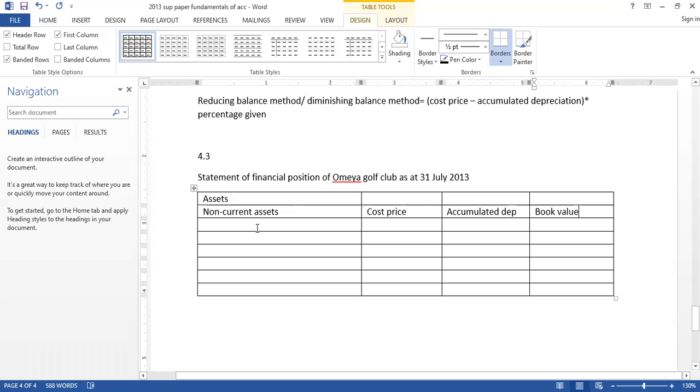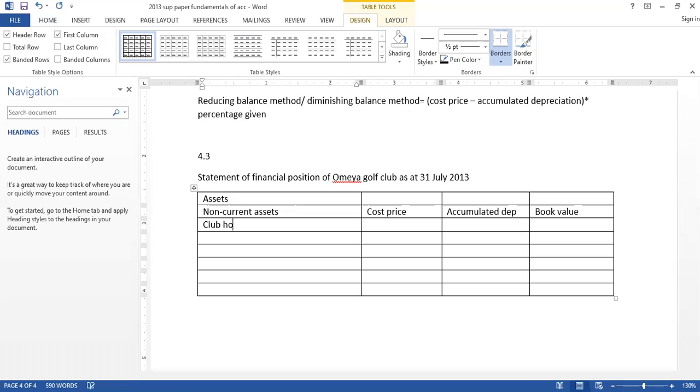Okay, so we start listing down our non-current assets. We go to our information given and start listing them down. So the first non-current asset we have there is the clubhouse.